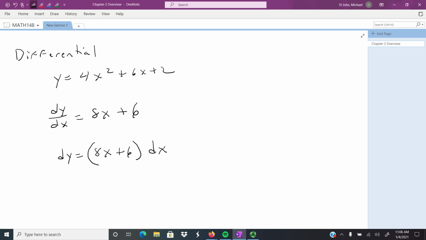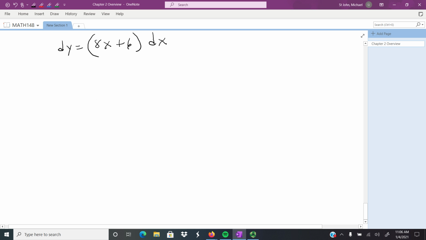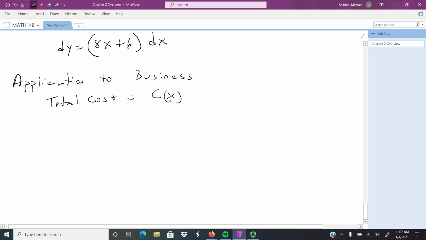And then the last sections of that chapter deal with how all this applies to business. So, application to business. In terms of various functions, you get total cost, which is going to be given by C(x), marginal cost, which is given by the derivative of the cost function.